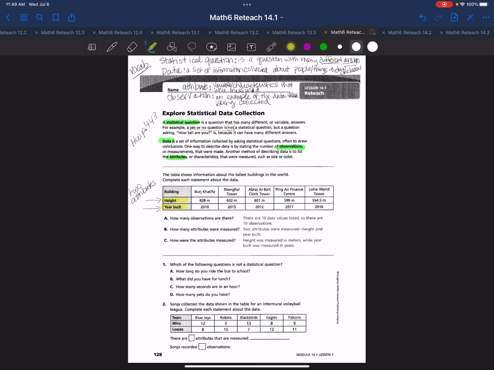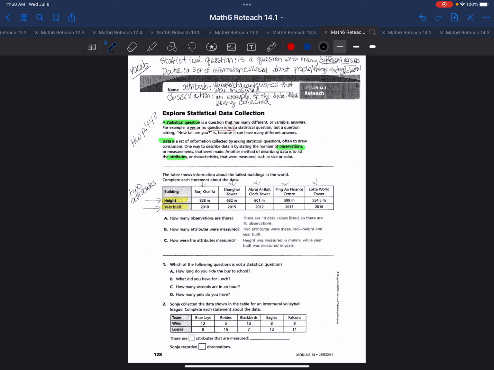And we can describe data by listing attributes. So we're listing attributes of certain buildings by looking at their height. These are all names of buildings here.